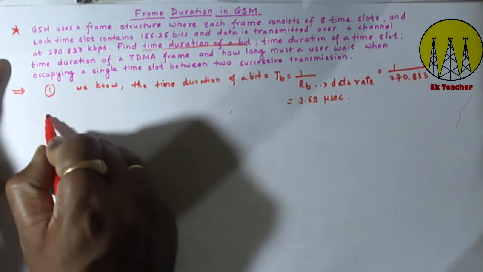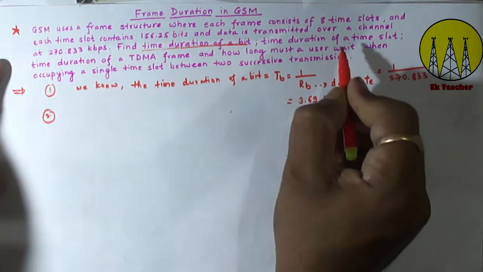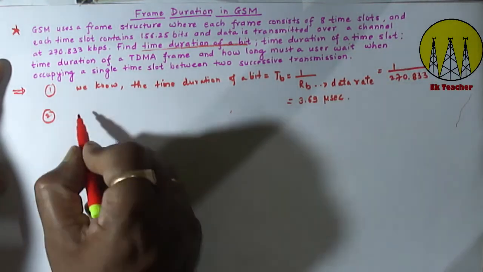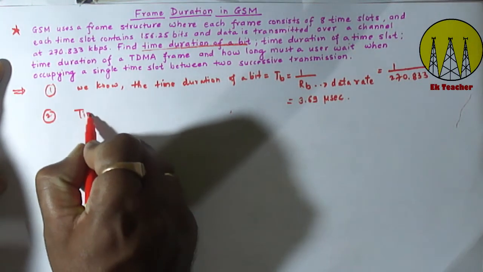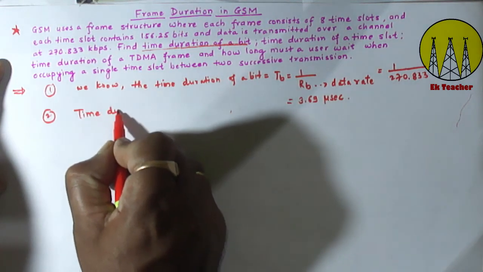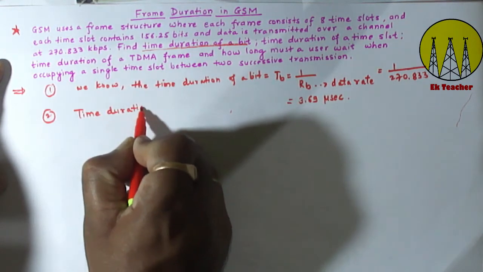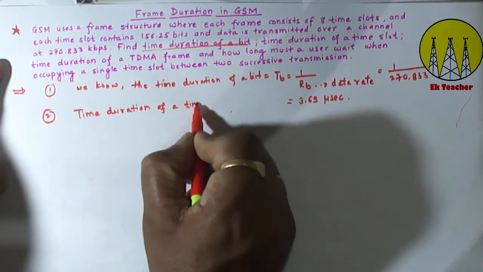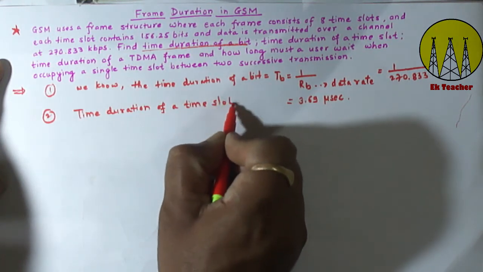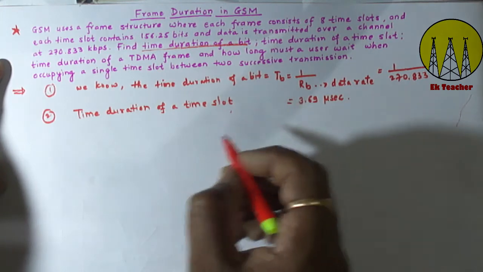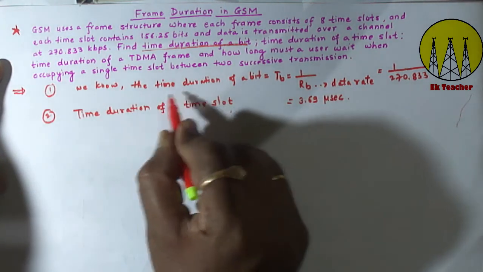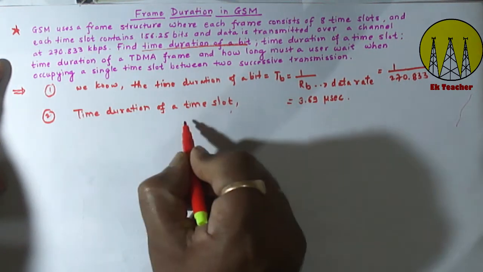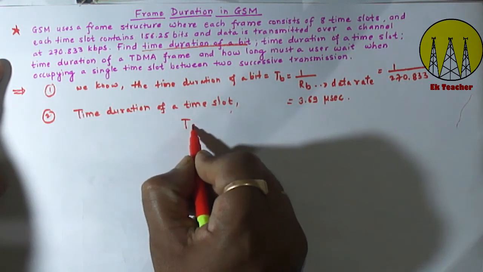Now the second thing, what you have to find? The time duration of a time slot. So how to find it? We have seen in the last lecture what a time slot is and what the time duration of a bit is. The time duration of a time slot is represented by T slot.